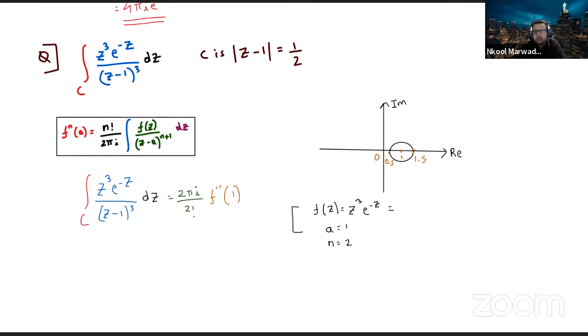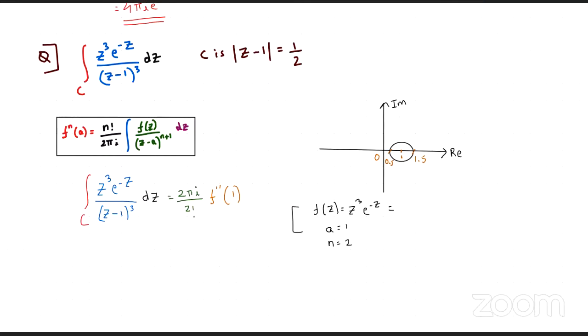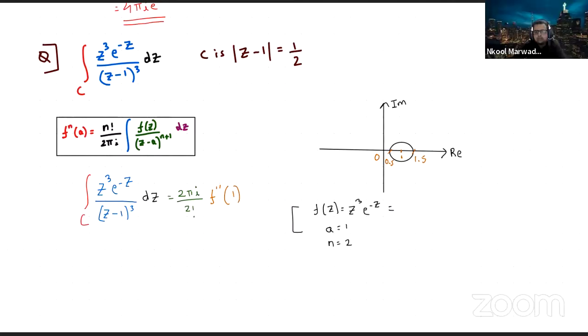Here actually product rule will be applied, the multiplication rule. So 3 z square e to the power of minus z minus z cube e to the power of minus z.